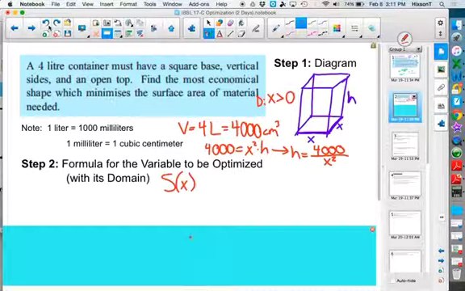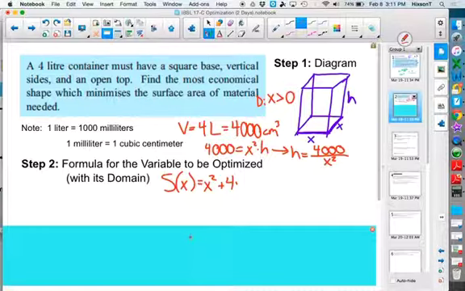So now, let's think about this. My surface area, I don't have a top, so I'm only going to include the bottom. So what's the area of the bottom? x squared, plus all 4 of the sides. The 4 sides are rectangles, and it's x times h.